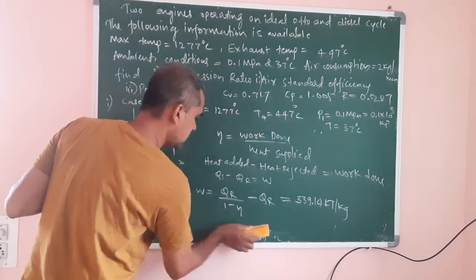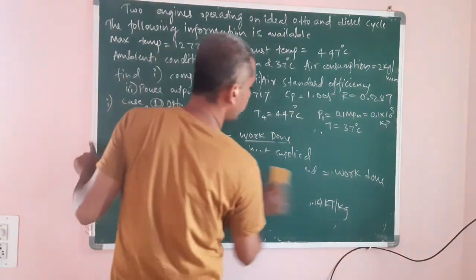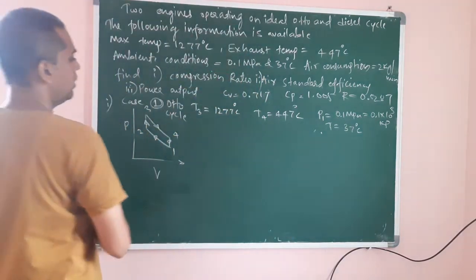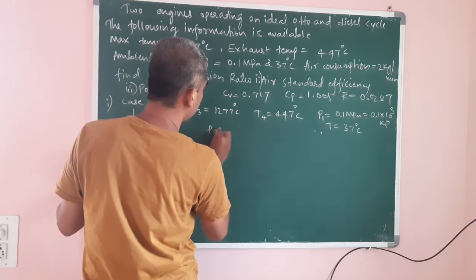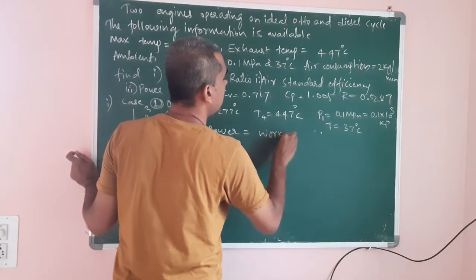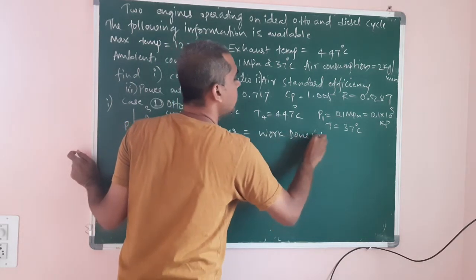Once we calculate this, we need power, not work done. Power is equal to work done into mass flow rate.